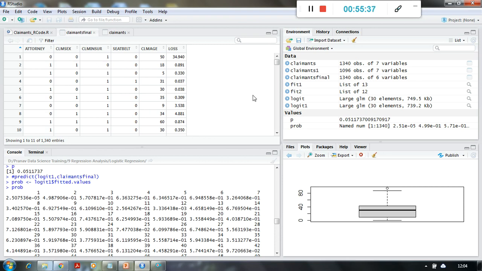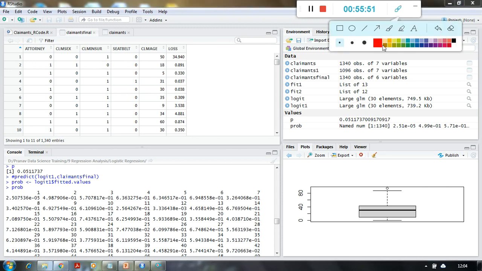So how will you interpret this one? Let me write. So here what we are saying is the interpretation of that.